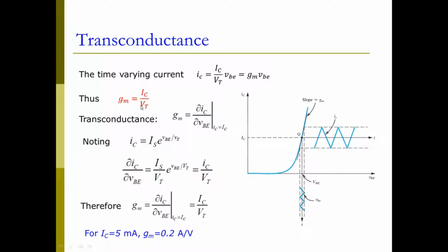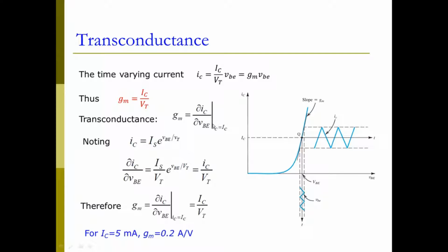We define gm equal to IC divided by VT. As you remember from my part 1, I mentioned that gm is actually defined at the working point, if we take the slope measurement on the current versus voltage characteristics. This is the collector current, and this is the base voltage. Now this is the definition.